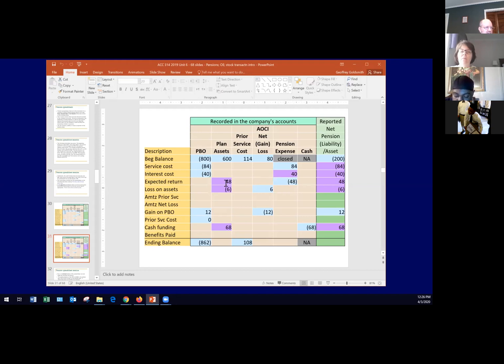Now that we've put in both these numbers, it will show the correct change in plan assets, but they have to be treated separately, because the 48 is the amount to use for budgeting long-term pension expense, not the unexpected amount of 6. Then if they funded cash of 68 million, that means it went into the plan assets and increased them by 68 million. Questions about that?